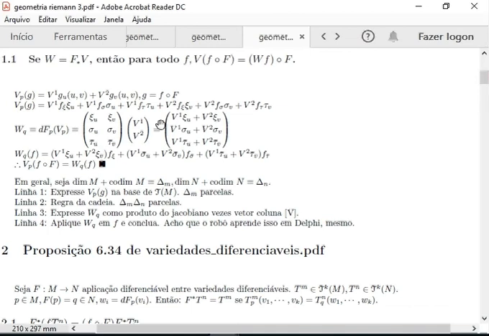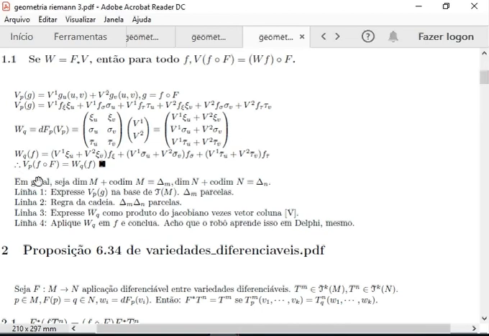rewriting who is V1 Xi_U, F_C, V1 F_C Xi_U plus V1 F sigma U. We only rearranged the terms V1 V2, V1 V2, V1 V2, 1 1 1, 2 2 2.